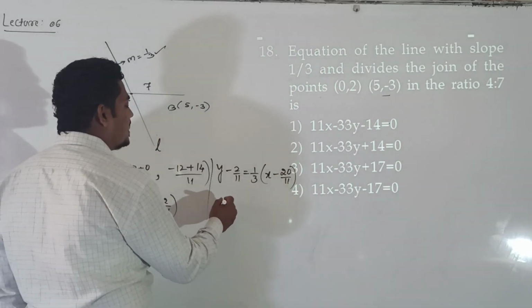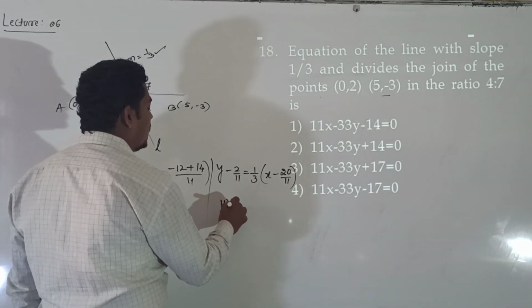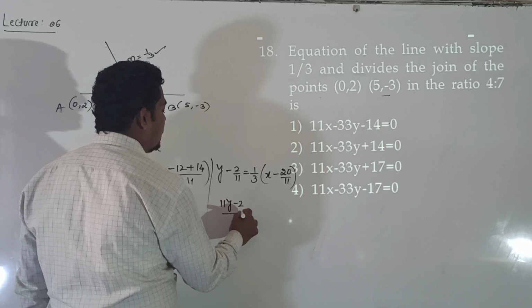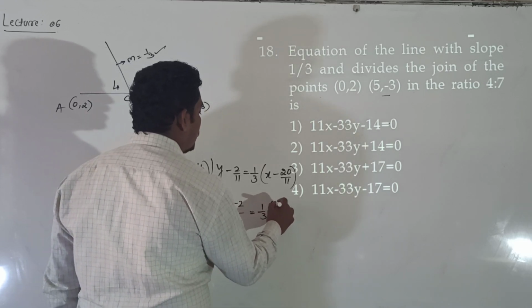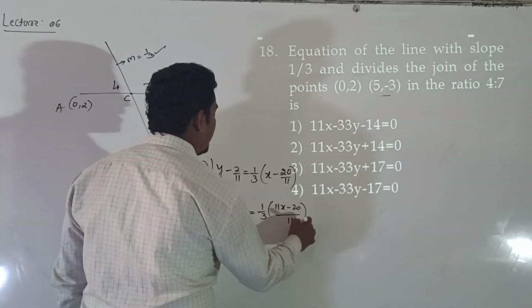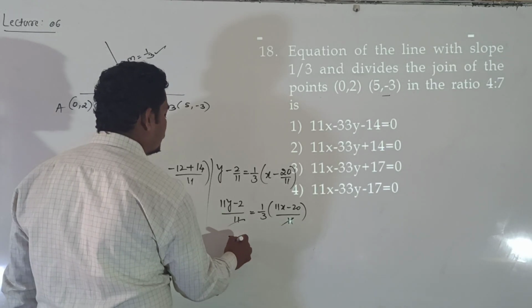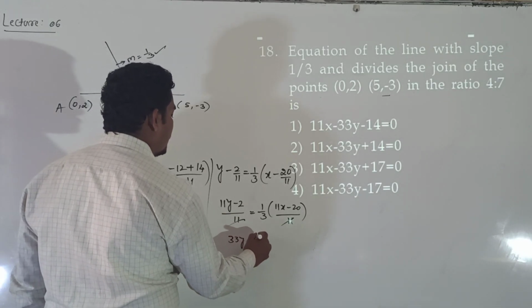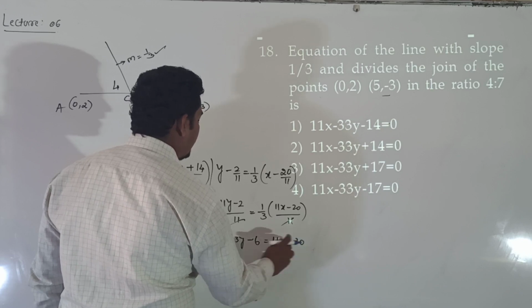After that, just take the LCM and cross multiply. (11y minus 2) divided by 11 is equal to 1 by 3 into (11x minus 20) divided by 11. On both sides 11 will get cancelled. Then cross multiplication: 33y minus 6 is equal to 11x minus 20.